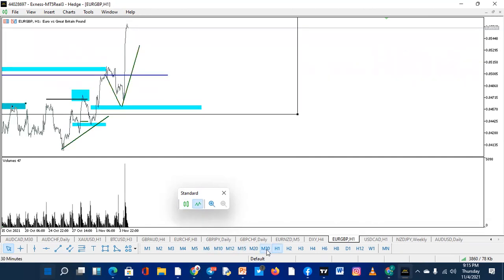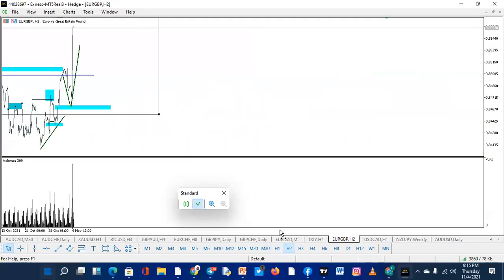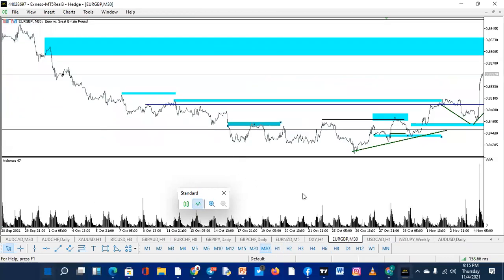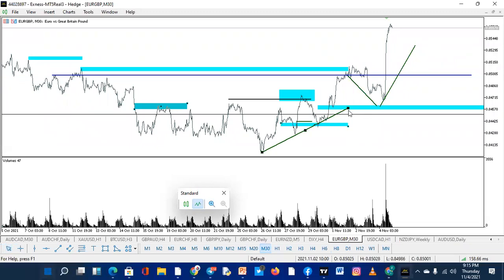Maybe I do it on the 30 minutes, or 1 hour. So you can draw a trend line like this.